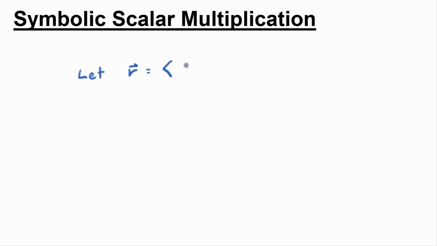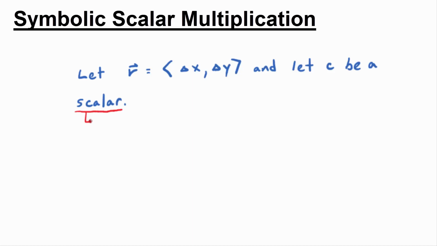So if you have a component form of V, delta x, delta y, and let C be a scalar. Well, wait a minute, I'm kind of introducing a definition here. Think of a scalar as a single numerical quantity.